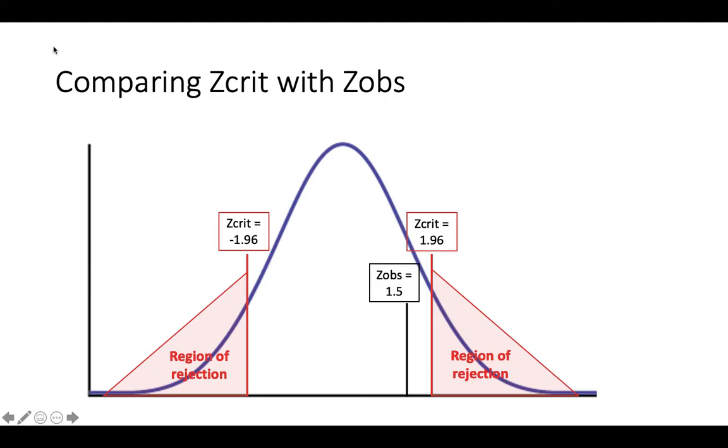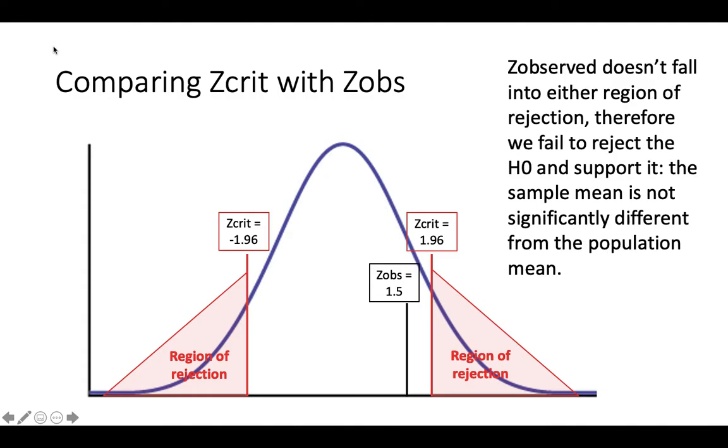It falls in the space between the regions of rejection. If your z observed doesn't fall into either region of rejection, we fail to reject the null hypothesis and we support it. The sample mean is not significantly different from the population mean. So the sample of cereals that you took at the Kellogg's factory was not significantly different from that of the samples of the entire company.